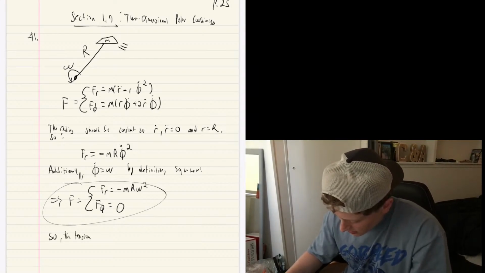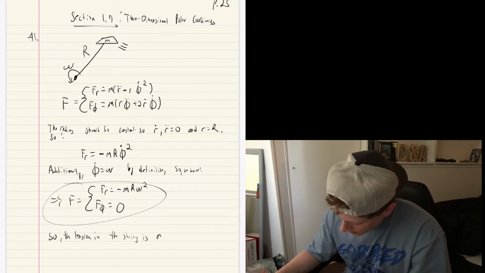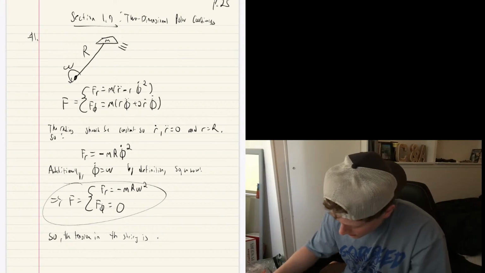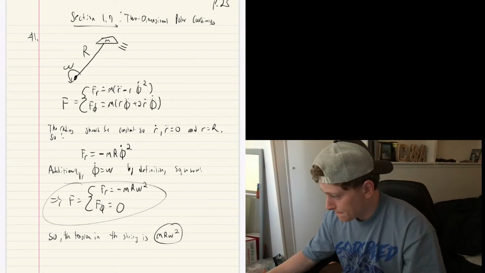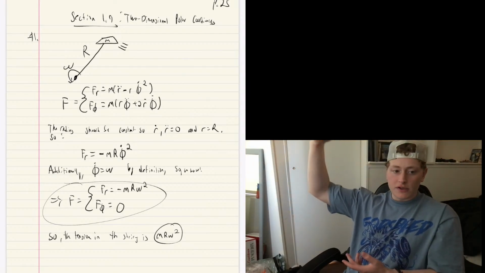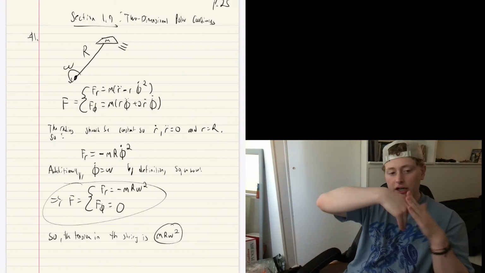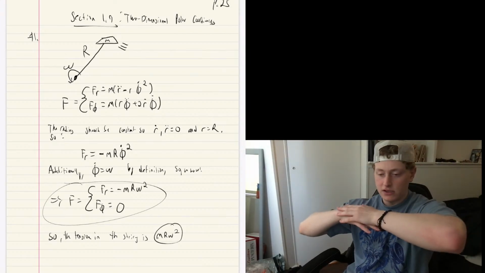So the tension in the string is positive m R omega squared. But everything else I did right. The negative force is acting towards the center, so the string has to counteract that, which would make the net exactly 0.